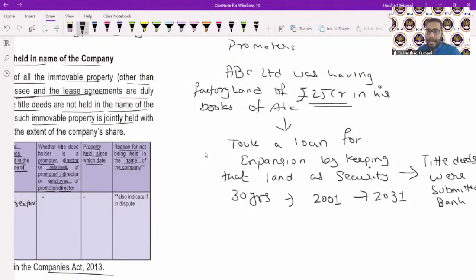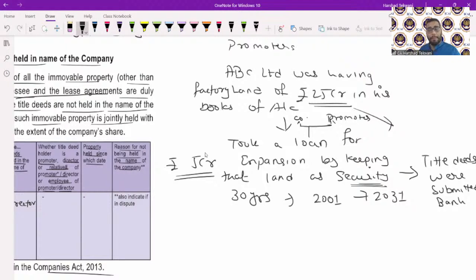When any company collapses because of any reason, the security is on the promoter's land, so in this loan there will be two applicants, company and promoter both. Let's say the loan was of only 5 crore. Once the 5 crore loan is recovered from this property, the rest 20 crore will go to the promoter, because the land is of the promoter, not of the company, but it was disclosed in the books of account of the company.